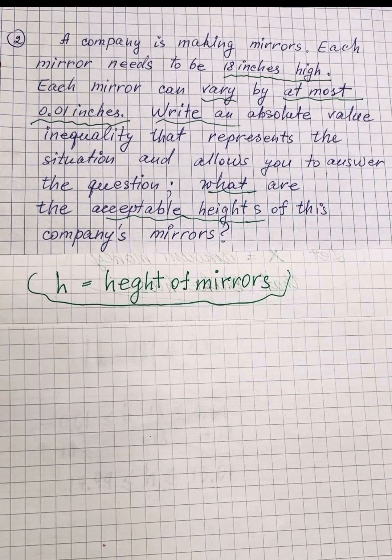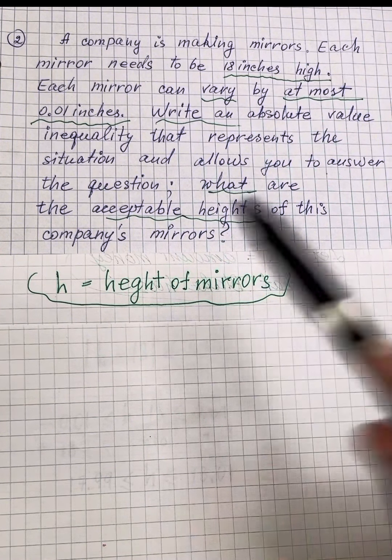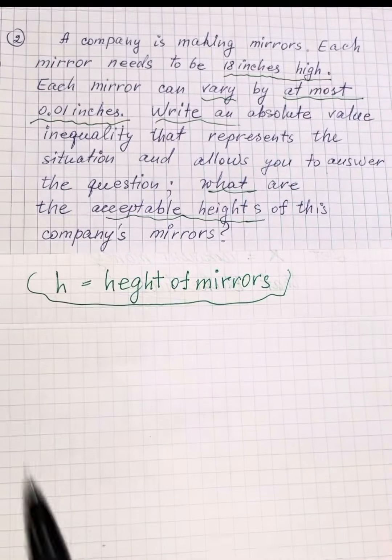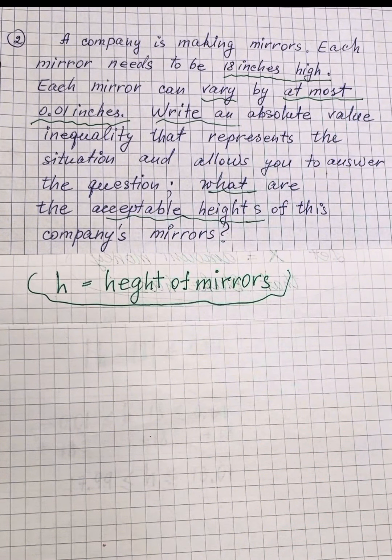Each mirror can vary, but at most 1/100 inches. So that is also important information. Write an absolute value inequality that represents its situation and allows you to answer the question, the question is, what are acceptable heights of this company's mirror?